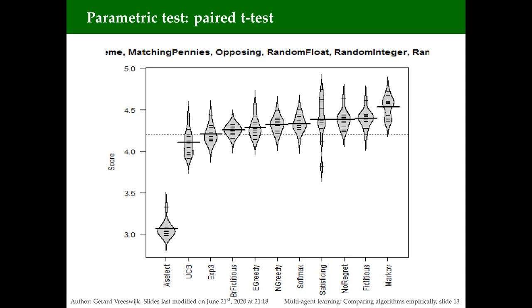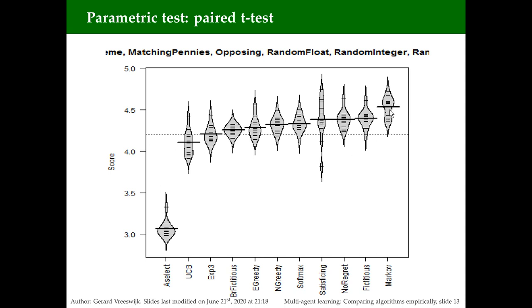So when you do a paired t-test on the performances of the different algorithms, this is a screen dump of a student's project some years ago, and this is random, UCB, and you see that satisficing play has quite a high variance in its performance against other algorithms.